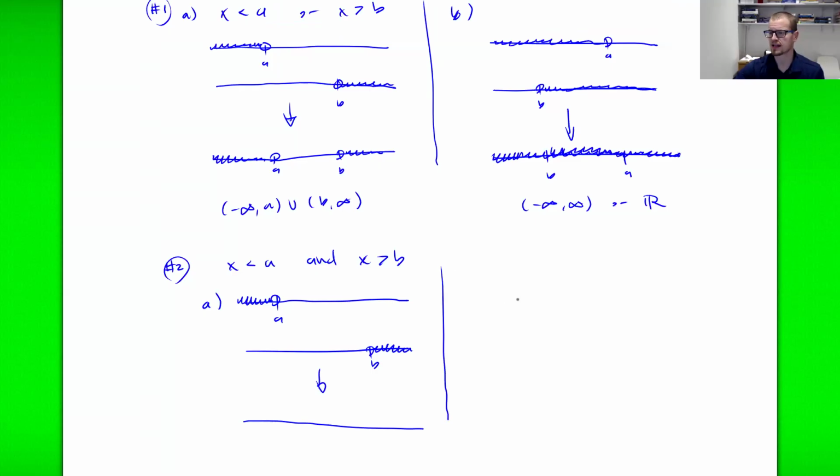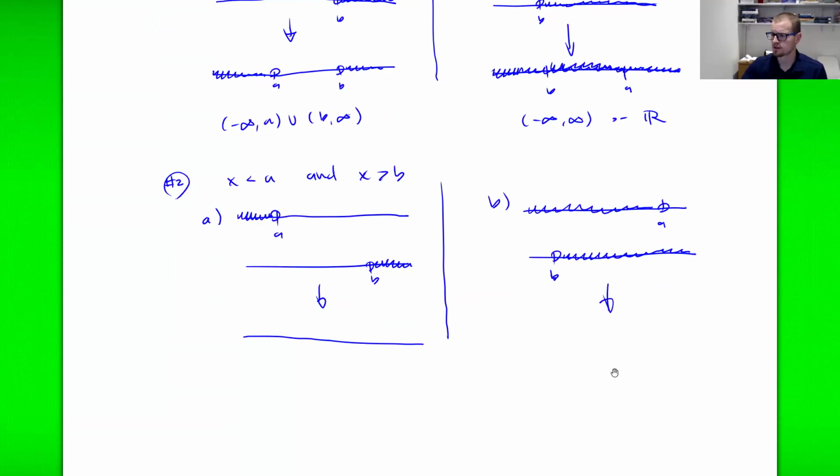The other scenario that I can have is that, see here, actually I want A to be over here now, and I want B to be over here. So everything less than A, everything greater than B. And now when I bring this down, when I look at those points that are less than A and greater than B, I get all of these things, right?